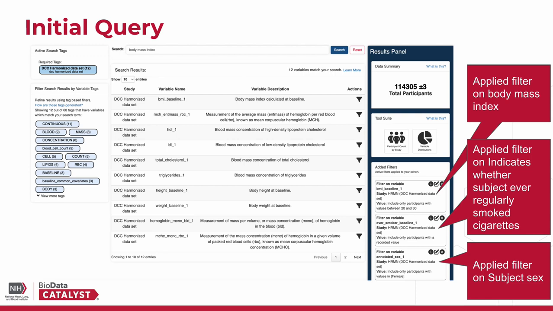We included participants with any value for this variable. The third filter was applied on the subject's sex, where we filtered to include only female participants. For more information about how to find variables and apply variable level filters, please consult the other demonstration videos in the NHLBI BioData Catalyst Powered by PIC-SURE YouTube playlist.